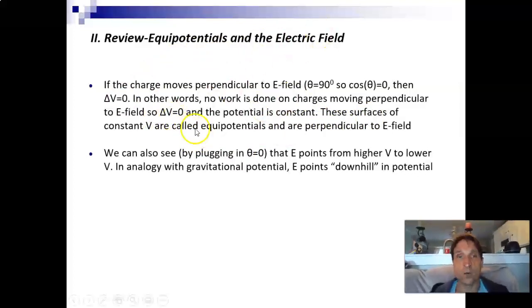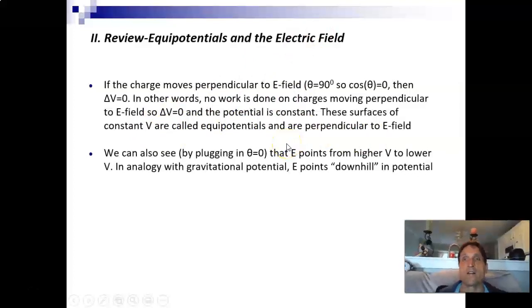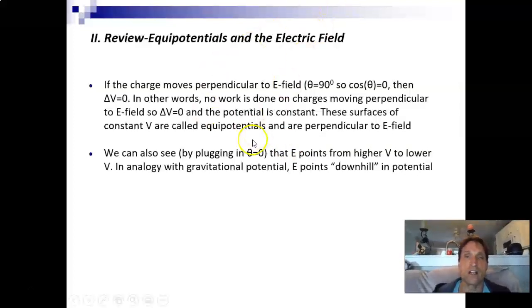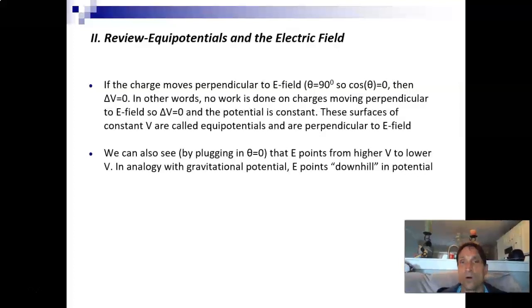Equi meaning equal, potential is V. And so, since this is perpendicular to E, the electric field is always perpendicular to the surfaces of constant potential, or these equipotentials. And you can also see, as we talked about last class, if you plug in theta equals 0, that the electric field points from higher potential to lower potential.